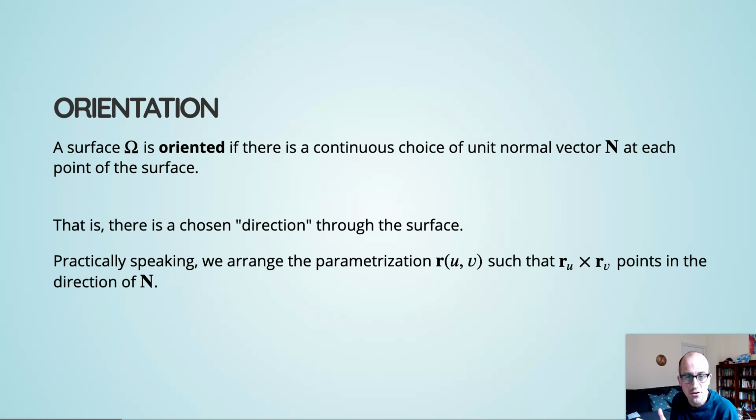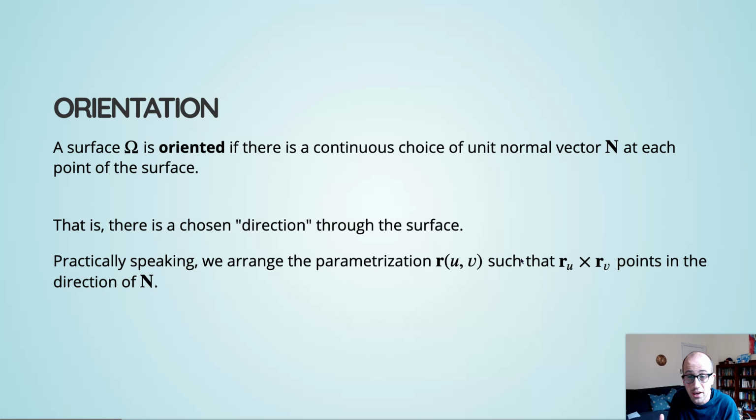Now, from the practical matter, certainly for this class, what does that mean? You just want to arrange your parameterization, that's r of u, v that we use in computing all surface integrals here. You just want to arrange it in such a way so that r_u cross r_v, that special vector, points in the direction you want, in the direction of n, your unit normal vector, that you want for your given application.